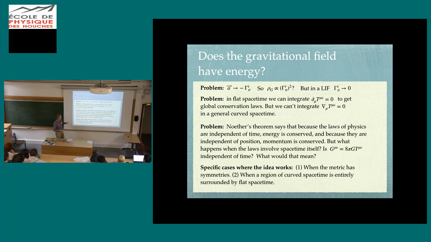But it's basically, so there are cases where this idea works, where the conservation of energy and momentum really work. When the metric has symmetries, like the Schwarzschild metric, then you can talk about energy conservation and angular momentum conservation. Or when you have a region of curved space-time that's entirely surrounded by flat space-time, then what you can do is integrate this over the region large enough that you're in flat space-time, and then the divergence theorem works, and you can say, okay, the energy that's coming through my surface has got to be equal to an energy decrease somewhere within that curved space-time region.